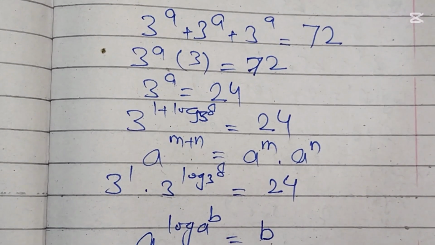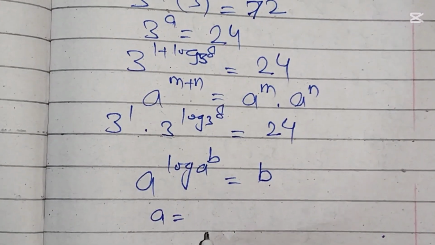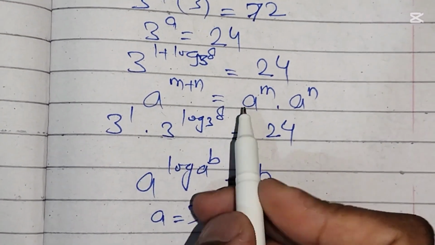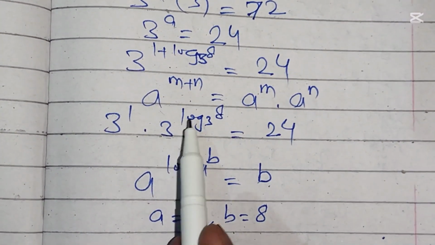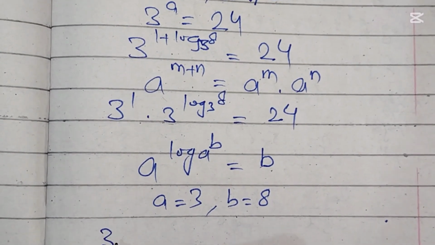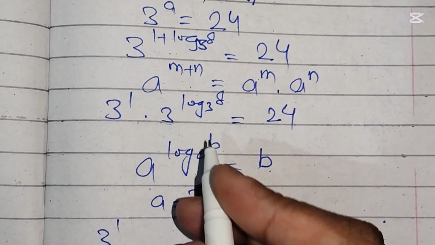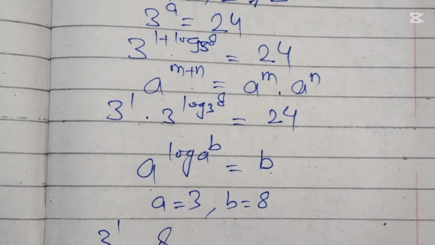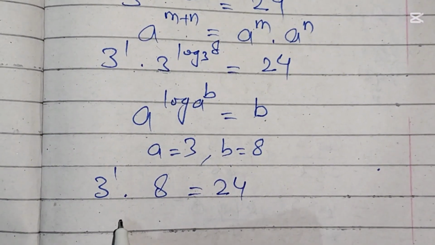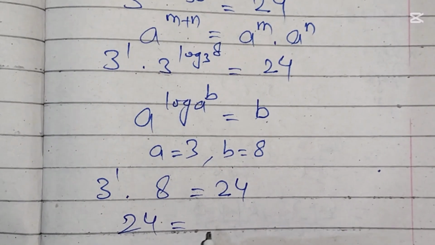For this case, our a equals 3 and b equals 8. So the final value for this term is b. That is 3 power 1 times 8 equals 24. 3 into 8 is 24, equals 24.